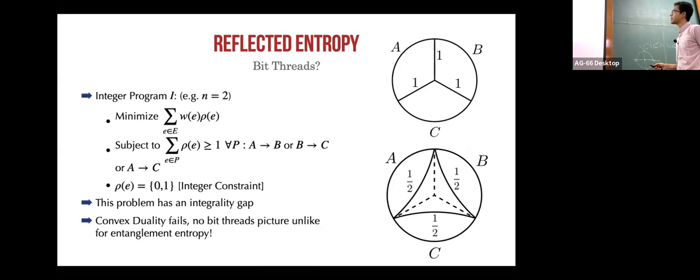This integer program is the following. It's minimizing a function. You can think of rho of E roughly as an energy cost associated to edges with the weight, which is fixed by the bond dimensions. So it's some weighted function of the energy functions on the edges, subject to these path constraints.